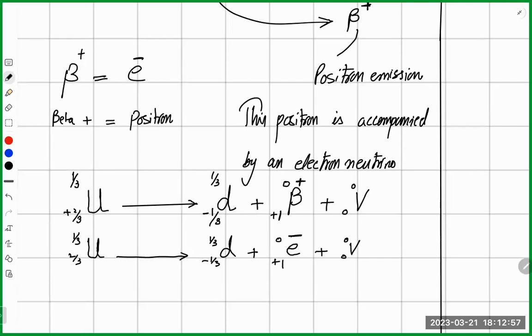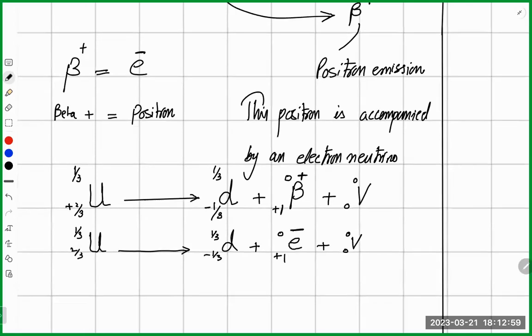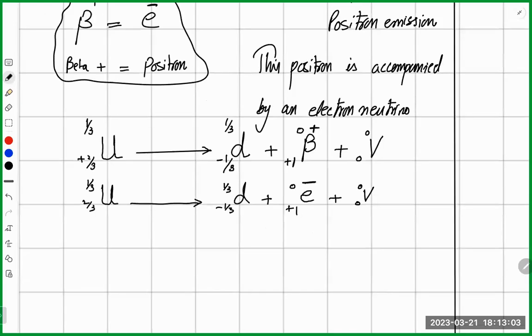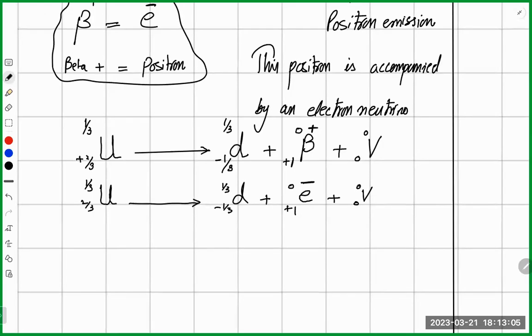So the same thing can appear to you in these two different ways. Either it can be an up quark, down quark, beta plus, and a neutrino, or it can be up quark converting into down quark plus an anti-electron and a neutrino. Okay. So you need to understand both versions.